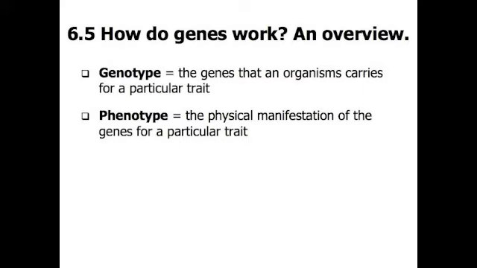The genes and strands of DNA are a storehouse of information, an instruction book, but they are only part of the process by which an organism is built. If the genes that an organism carries for a particular trait, its genotype, are like a recipe in a cookbook, the physical manifestation of the instructions, the organism's phenotype, is the cookie or any of the other foods described by the recipes.